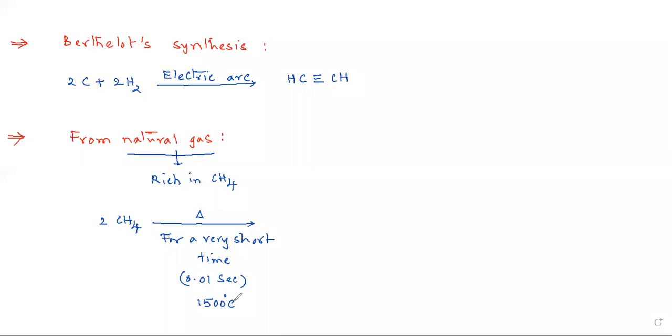You are heating it to very high temperature, upon which we get acetylene and hydrogen. Got 8 hydrogens here, so 2 plus, make it 3. So this is how we can prepare acetylene from natural gas.